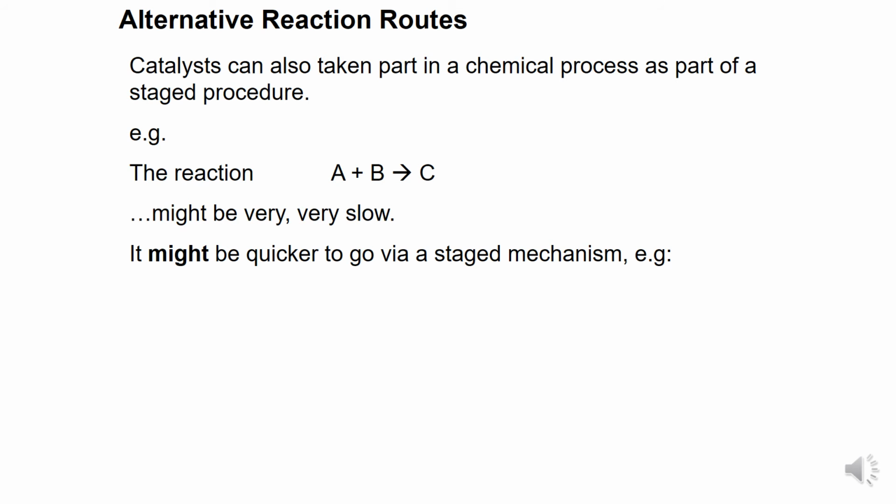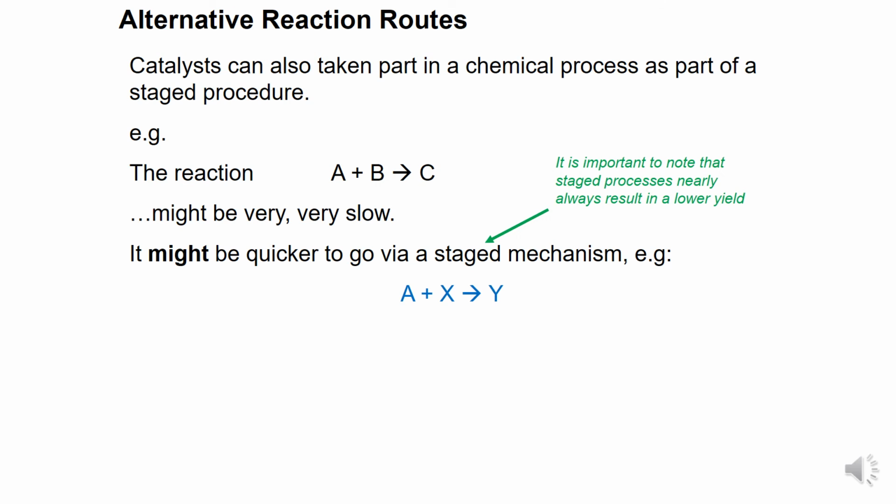And it could be quicker to go via a staged mechanism. For example, A plus X forming Y, and then B from our original reaction reacting with Y to make C and X. Those two stages might be much quicker than A plus B forming C directly.